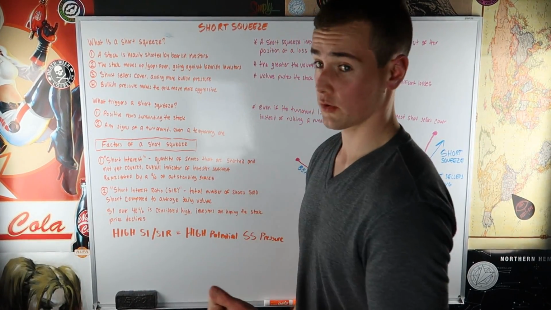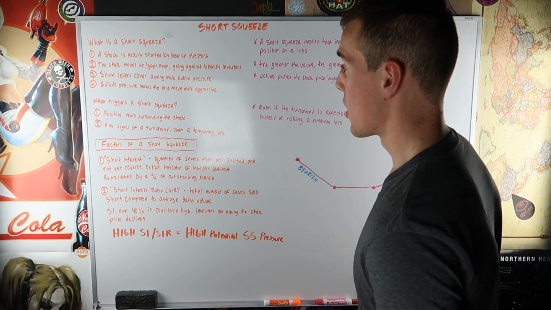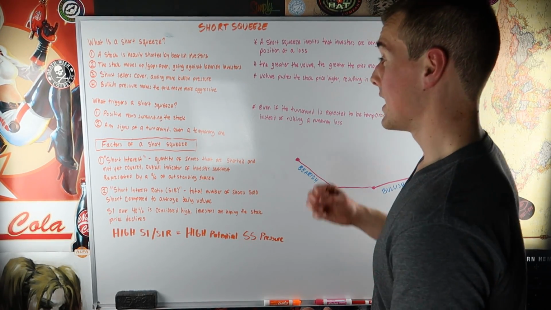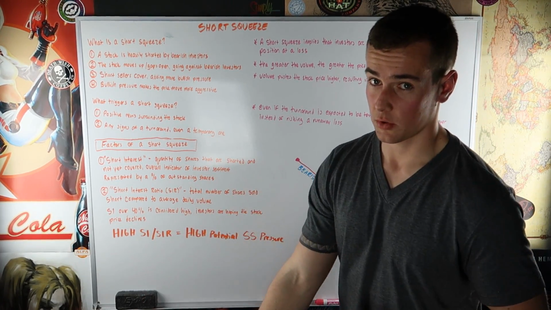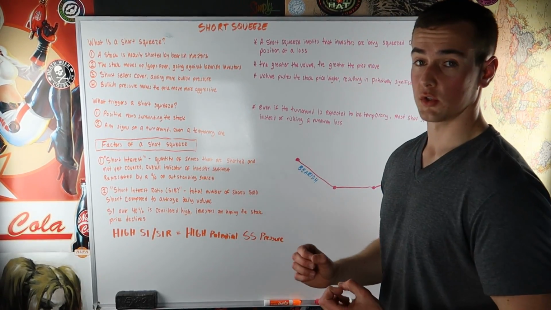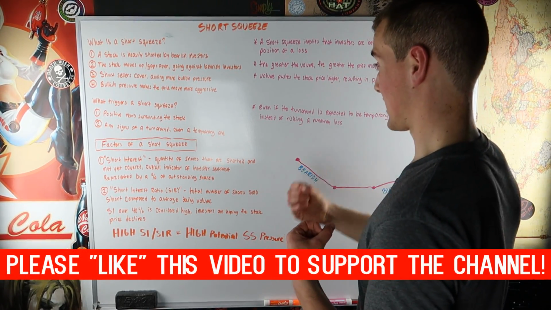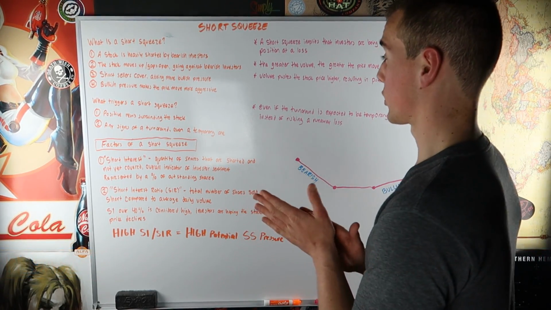So what actually triggers a short squeeze? Typically it is positive news surrounding the stock or any signs of a turnaround, even a temporary turnaround. And the thing is, guys, even if short sellers believe it's just temporary, many of them are not willing to leave their short position open and risk runaway losses.